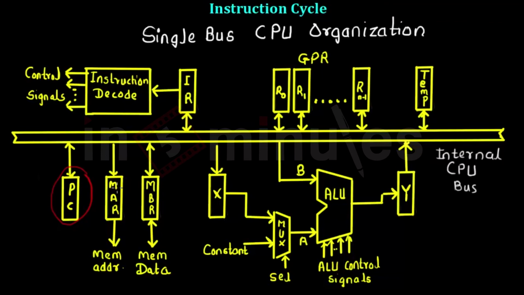The PC is going to contain the address of the current instruction, and it is going to put it on the internal CPU bus. Then the internal CPU bus is going to communicate with the instruction memory through the MAR and MBR registers, and it is going to have the instruction fetched from the instruction memory.